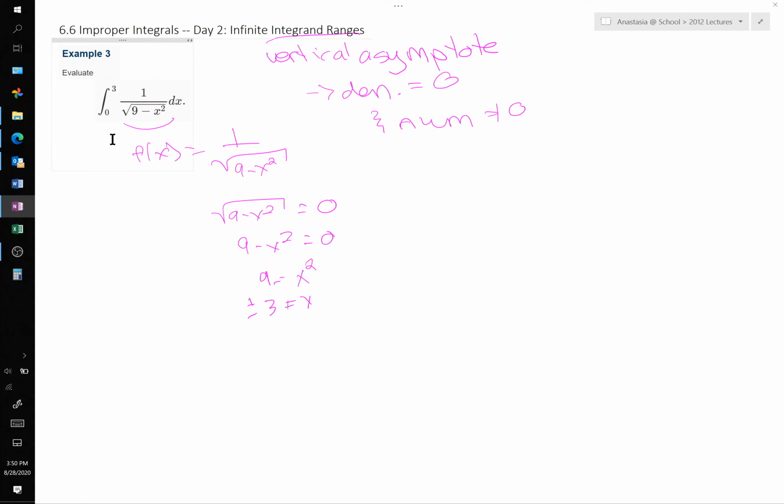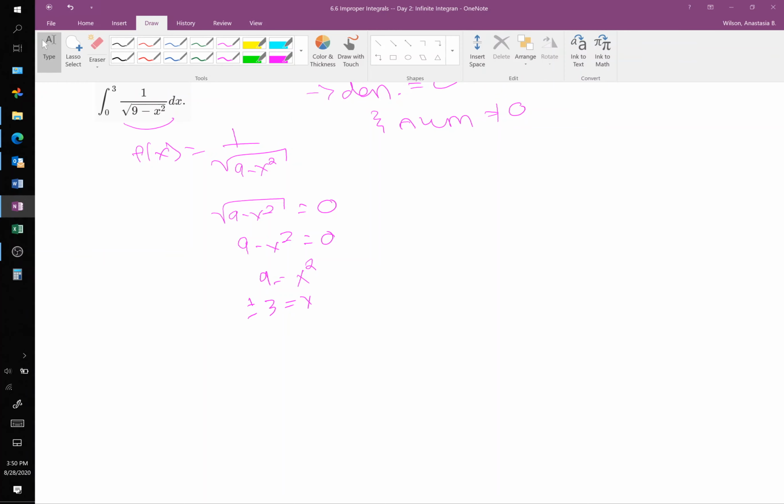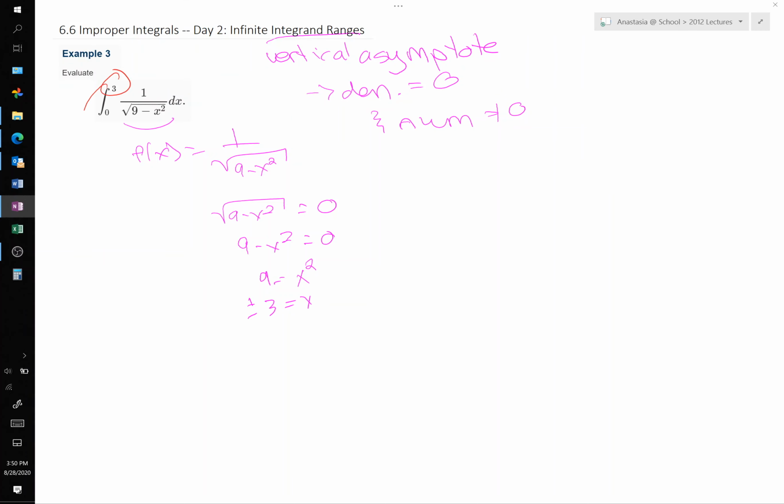Negative 3 doesn't matter because that's outside of our range of integration, but positive 3 does matter because that gives us a vertical asymptote. So that means that the upper bound is what is giving us an issue and making this an improper integral.